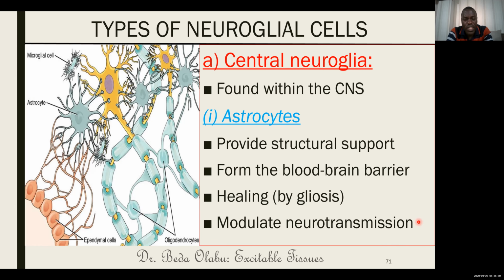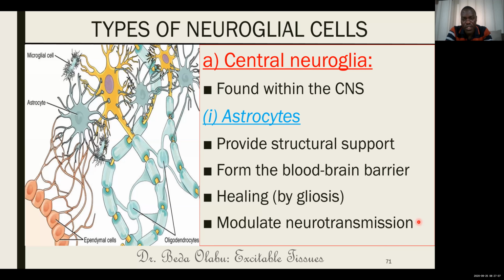In as much as astrocytes are not excitable cells, astrocytes can modify the biochemical contents within a synapse, therefore influencing how neurons communicate with each other. And that's what I mean by modulating neurotransmission.